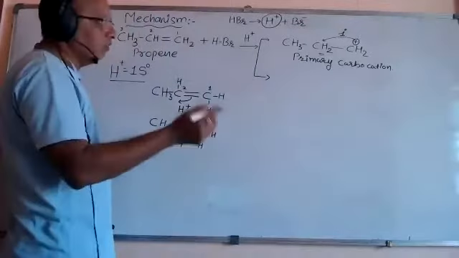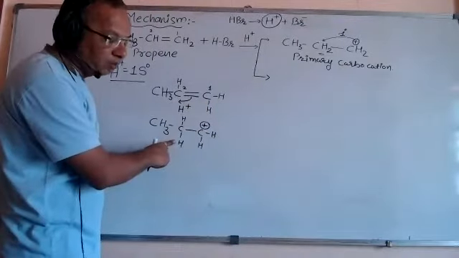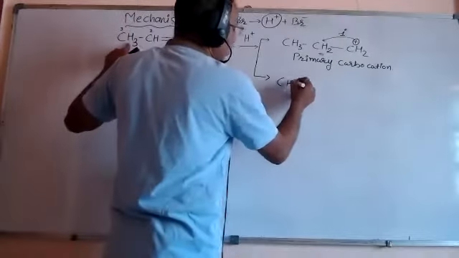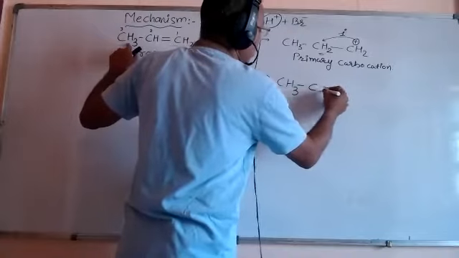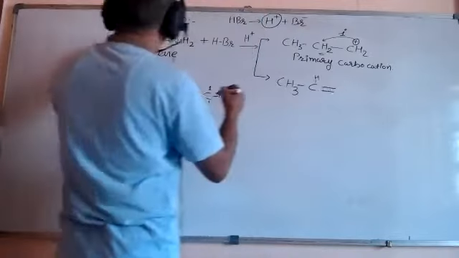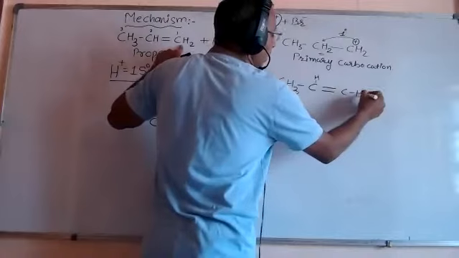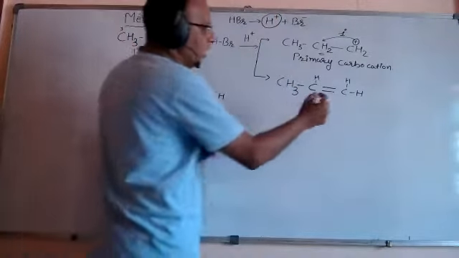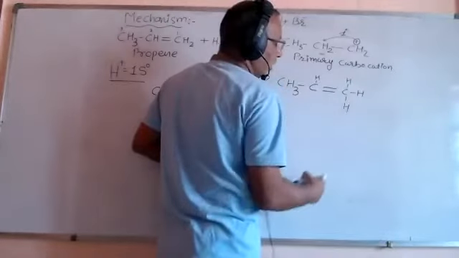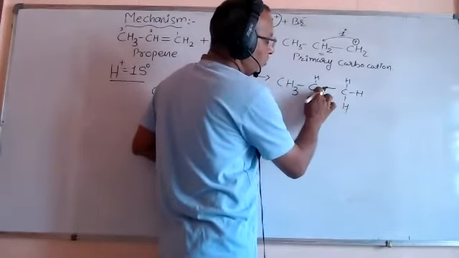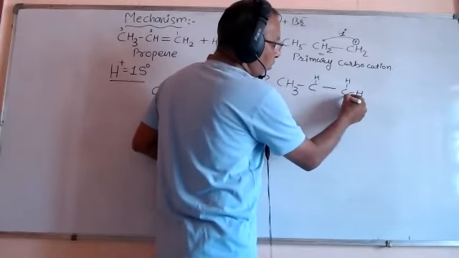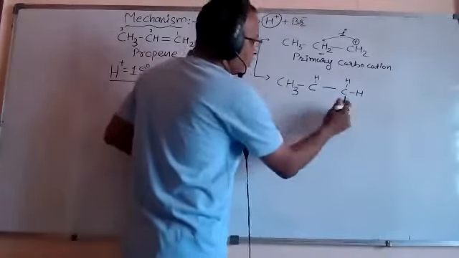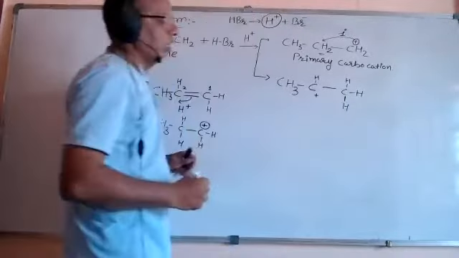Now look at the second option. What happens if, instead of the second carbon, hydrogen joins with the first one? In such a case, this is CH3, this is CH, friends, right? And this is CH2. Now friends, if the hydrogen is added here, one bond of the double bond will move here, right, friends? And this will be positively charged.